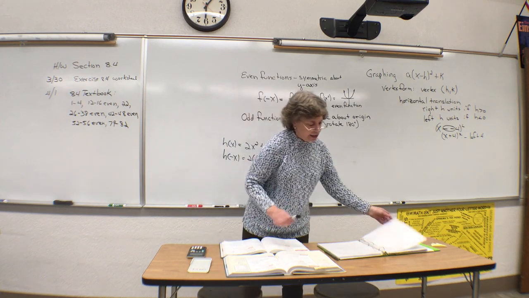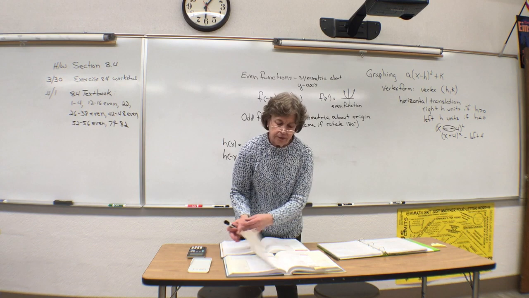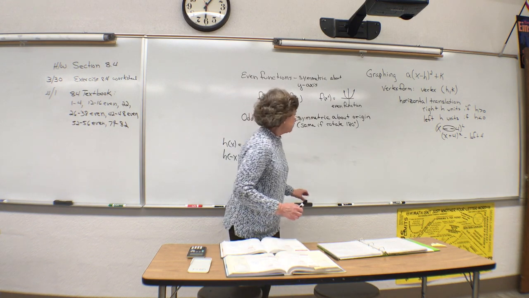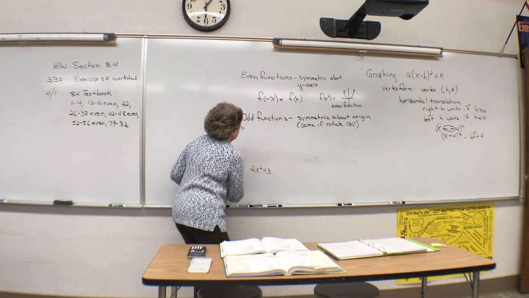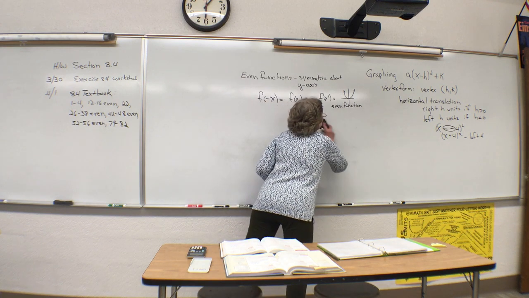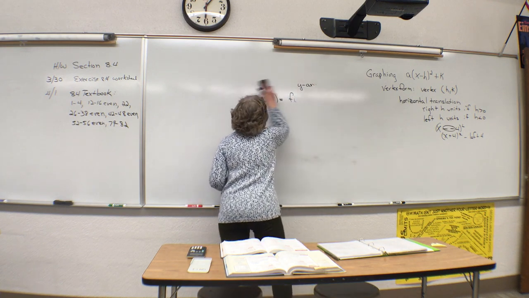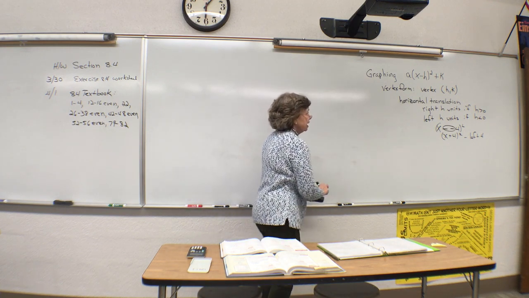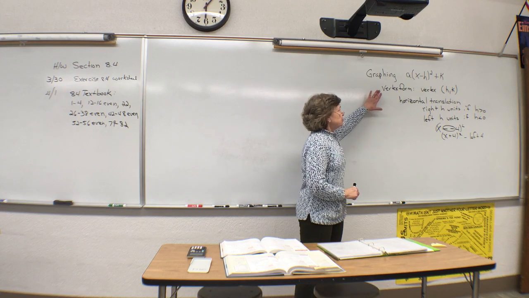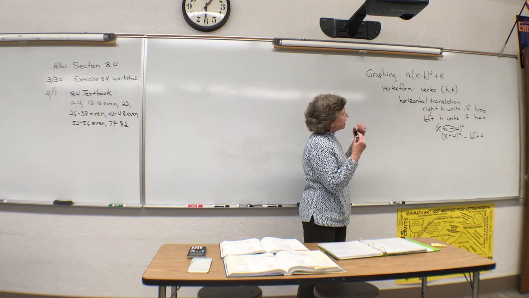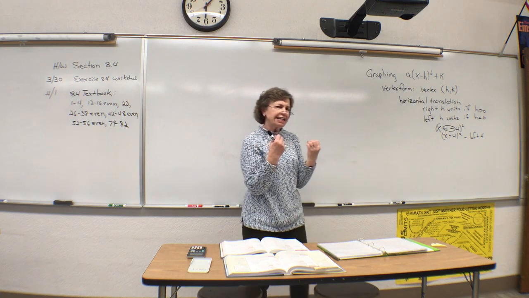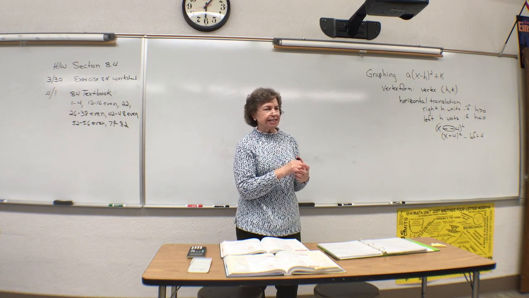If I look at the next top of the page on 443, we're looking at a new form, vertex form of a parabola, and that's where we started, in vertex form. A, and it looks like x minus h, so just by looking at that equation, I know what the vertex is.